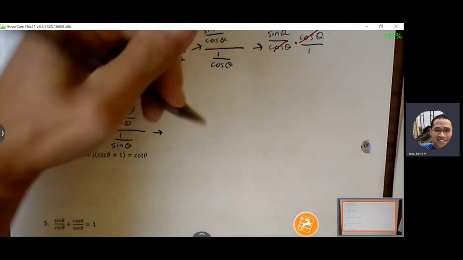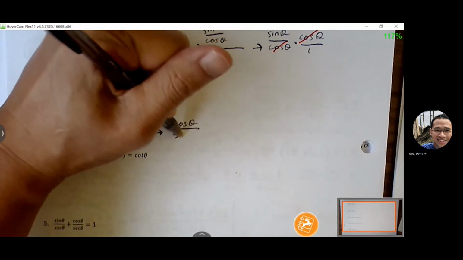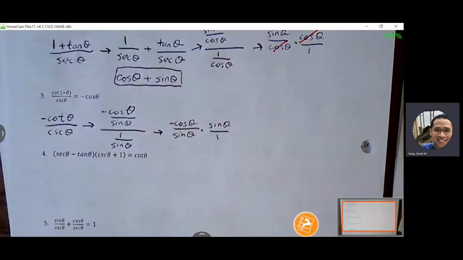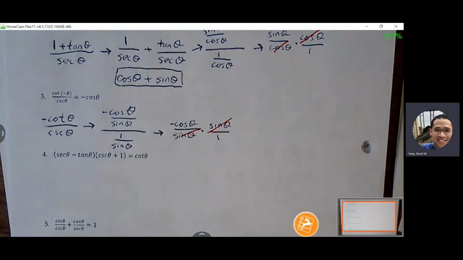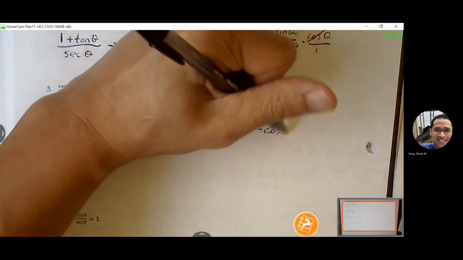And you flip that fraction up. Reduce, reduce. Negative cosine is our end goal.